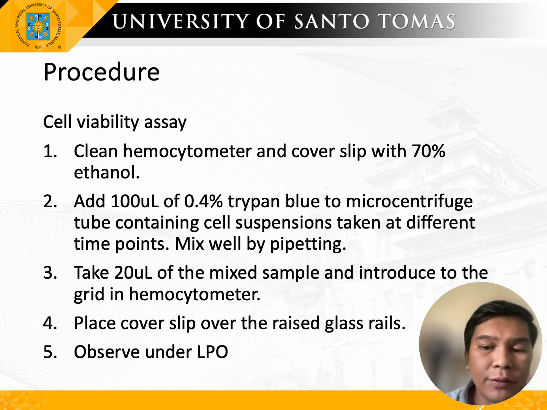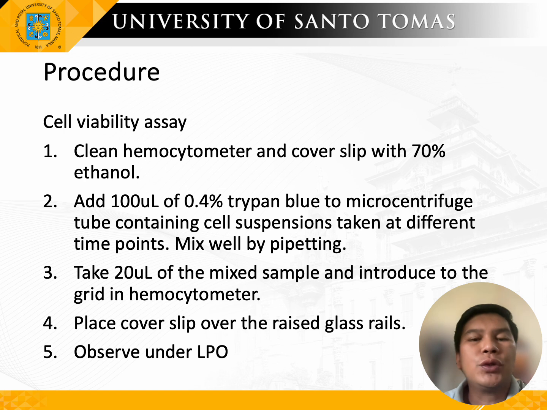For cell viability assay, you are going to clean the haemocytometer and cover slip first with 70% ethanol, and then add 100 microlit of 0.4 trypan blue to microcentrifuge tube containing cell suspensions taken at different time points. Mix well by pipetting.